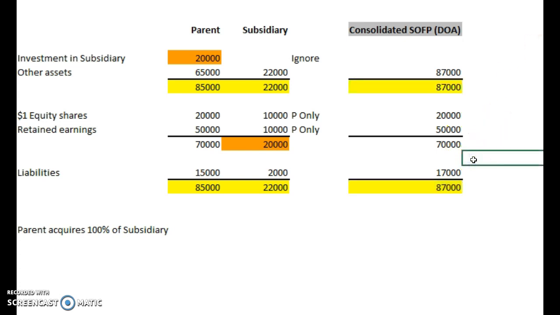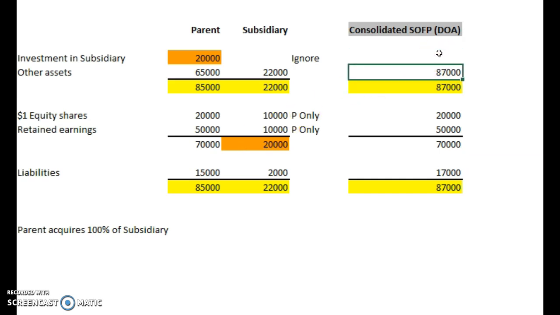These two should be the same. So just to confirm what we've done there, we've ignored the investment in the subsidiary of 20,000. The price paid by the parent was exactly the amount of the equity and retained earnings in the subsidiary at the date of acquisition. So we can ignore that.